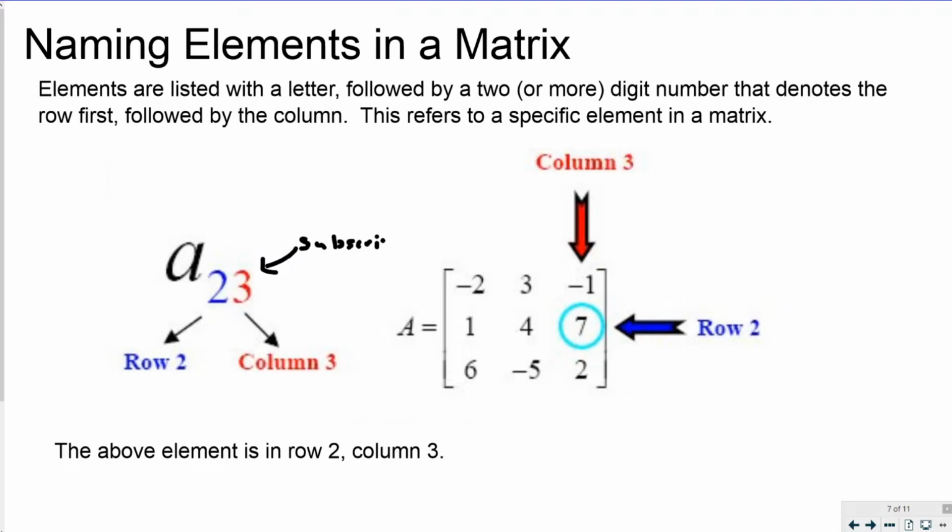You write out the letter of the matrix followed by the subscript. The first number in the subscript tells you what row, and the second number tells you what column. So A23 is telling me to go to row 2, so I would go down 1, 2, and I would be in this row here, and then I would go over 1, 2, 3 to be in this column over here.